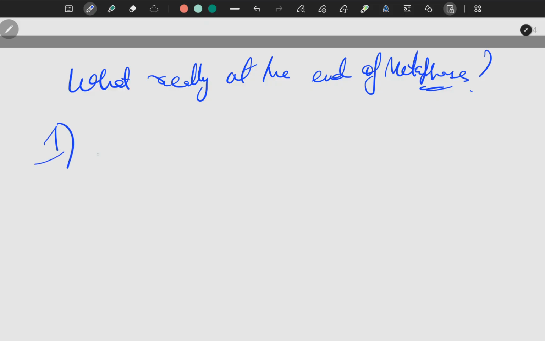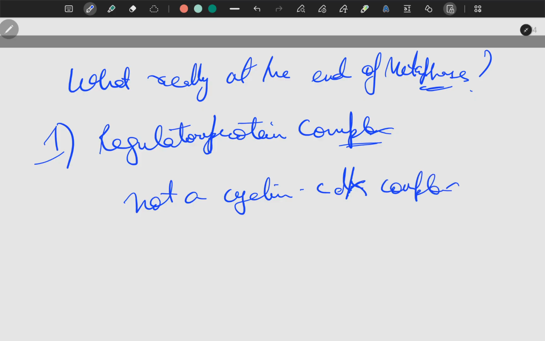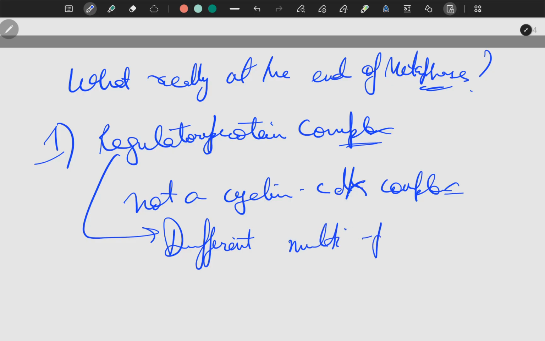There is something called a regulatory protein complex. This is not the cyclin-CDK complex I told you about earlier; it is a different multi-protein complex.